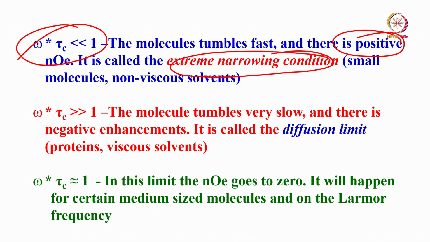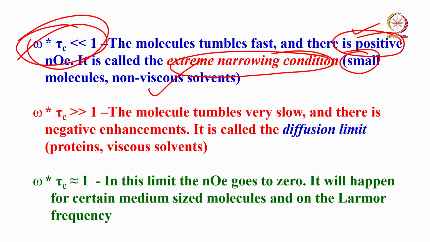You are going to see this extreme narrowing condition only for small molecules, and especially in non-viscous solvents. If it is a viscous solvent, of course mobility is less. Only in non-viscous solvents do molecules undergo tumbling motion very fast, with thermal agitation going on. Because of this fast tumbling motion, NOE is positive, and this is the situation we encounter.